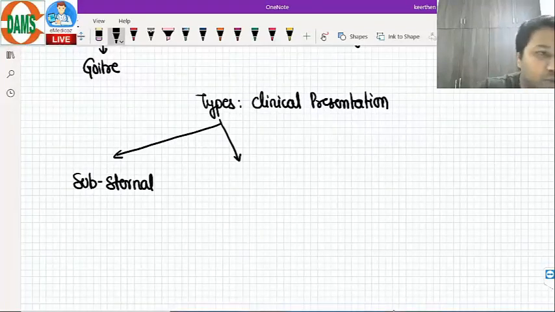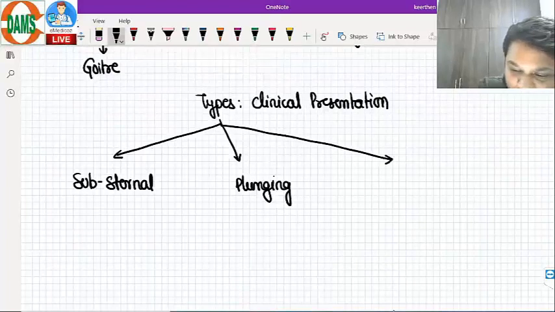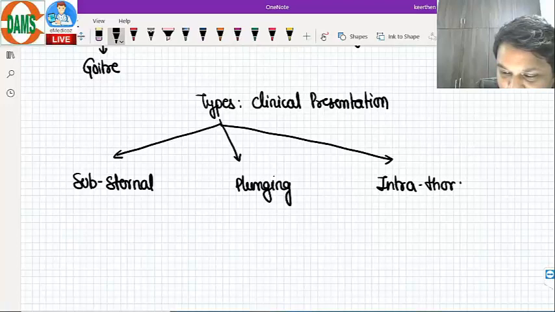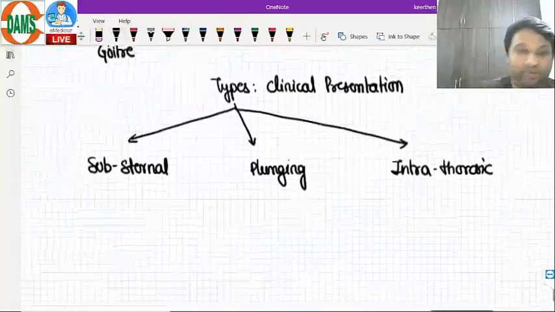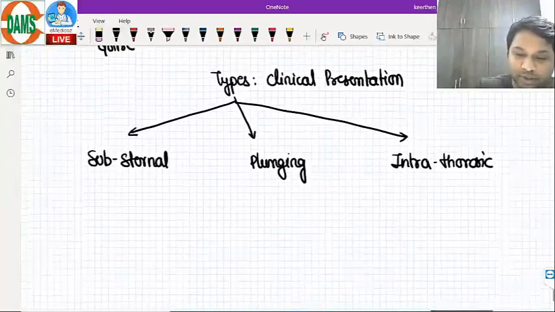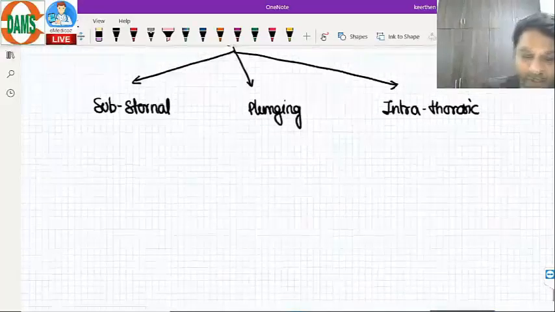Number two is referred to as the plunging goiter. And number three is referred to as intrathoracic, also called retrosternal. Okay. Based upon the clinical presentation, we have substernal, plunging, and intrathoracic.